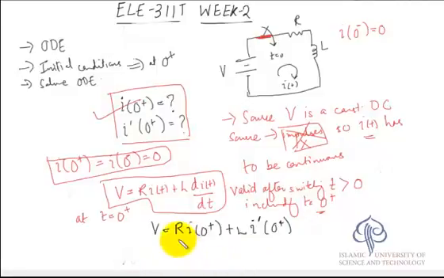We have already seen that I(0+) is 0 here. So that means we can write I'(0+) is V by L. So our knowledge of this circuit behavior, our knowledge of the inductor characteristics helps us in finding both the initial conditions, the current at 0 plus and its first order derivative at 0 plus.